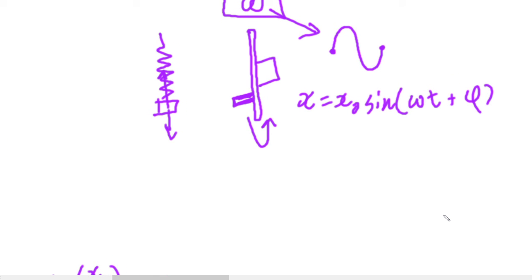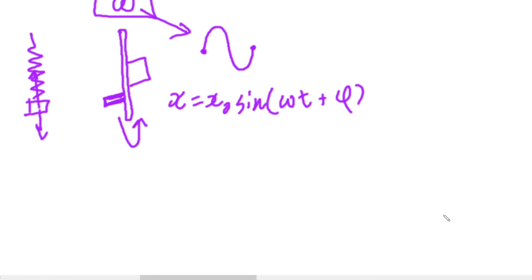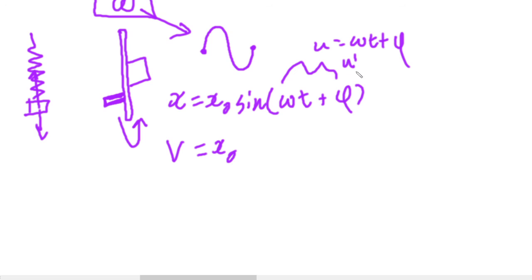And from here, it's pretty trivial to find v and a in terms of t, because they are just the differentials of x0 sine omega t plus psi with respect to t. So let's just work those out momentarily. v is equal to x0 times, letting u equal omega t plus psi, u prime differentiated with respect to t is just omega.